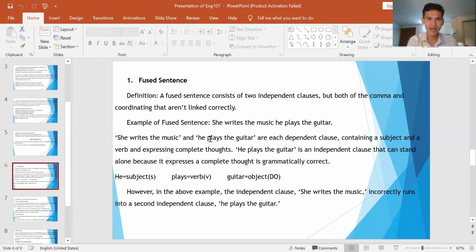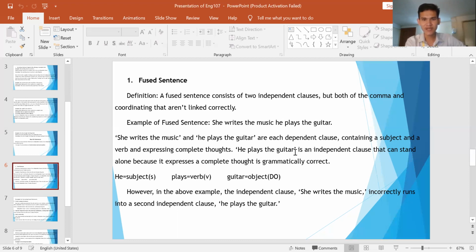She writes the music and he plays the guitar are each independent clauses. The two sentences are independent clauses containing a subject and a verb and expressing a complete thought. She writes the music is a complete thought. He plays the guitar is also a complete thought. So they are two independent clauses and we need to link them correctly.